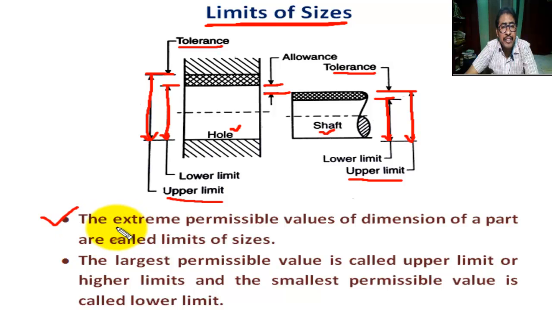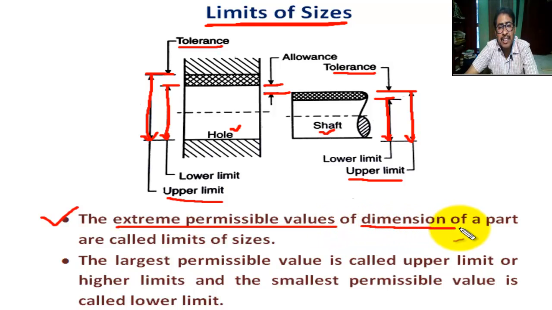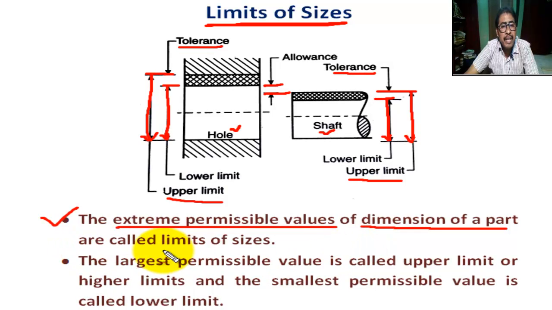The extreme permissible values of dimension of a part are called limits of sizes. Okay. There are two extreme permissible sizes for a dimension of the part, upper limit and lower limit.